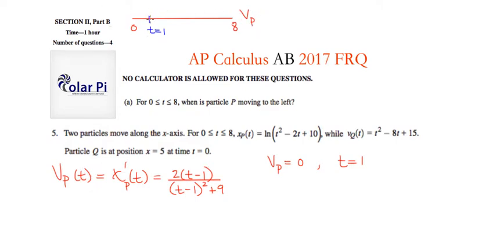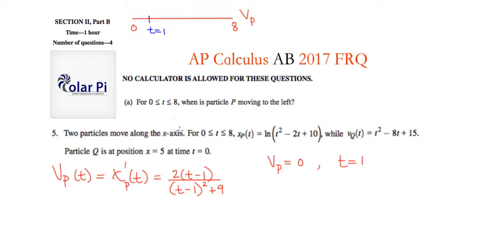Those are easy to decide once we've figured out where it's equal to 0. We pick a number to the left of where it's equal to 0, and a number to the right, and test those numbers in the velocity function, and we can then tell if it's positive or negative on that whole interval to the left of t equals 1, and to the right of t equals 1.